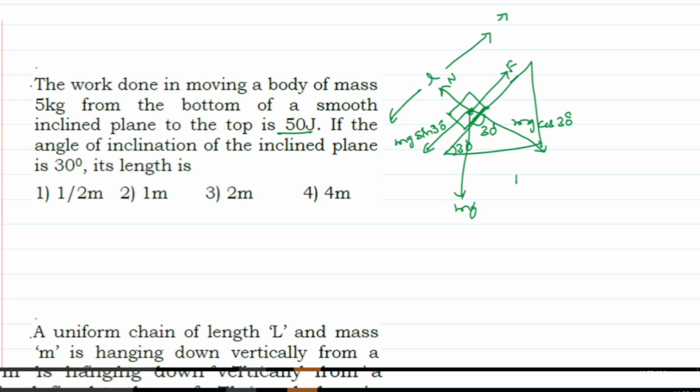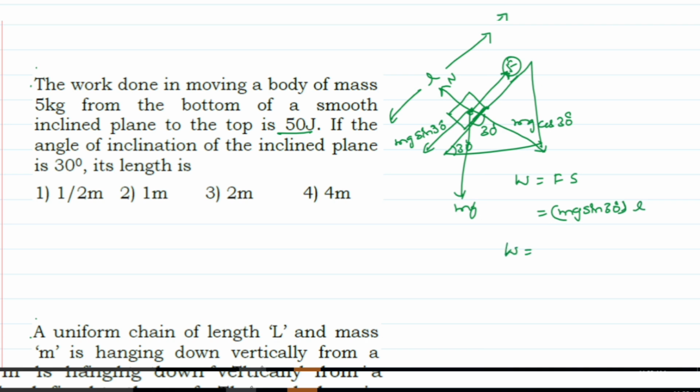So W equals force into displacement. The force will be equivalent to the mg sin 30 component, so I am writing mg sin 30 into displacement; force and displacement are both along the same direction. Displacement is nothing but the length of the inclined plane.